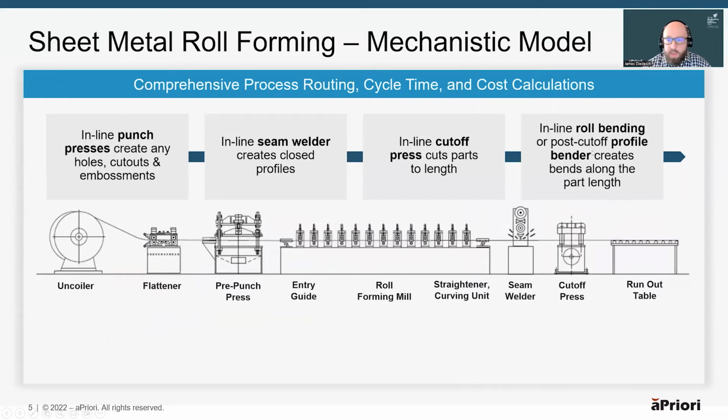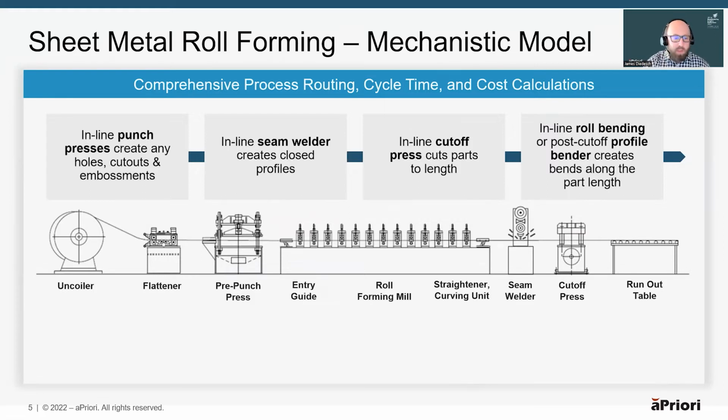So with sheet metal roll forming, when we were creating a cost model at aPriori, we have to go through a comprehensive evaluation of all of the process steps and alternative methods. What we're showing below is a typical situation where we start with an uncoiler.